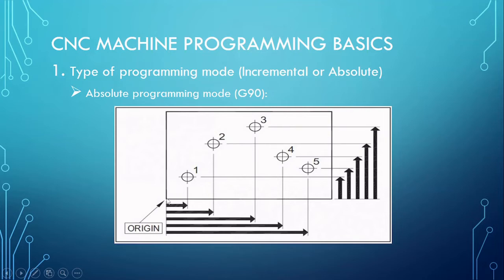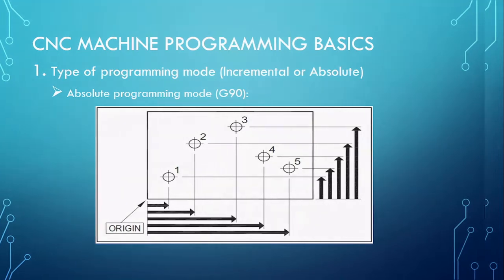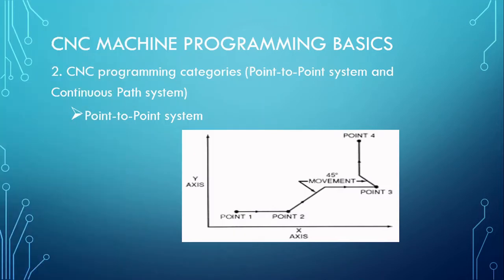If this point is taken as the origin, point 2 will equally be measured from here. Point 3 we measure from here. Point 4 we measure from here. Point 5 is equally measured from this point. So depending on convenience, one can decide to program in incremental or absolute.